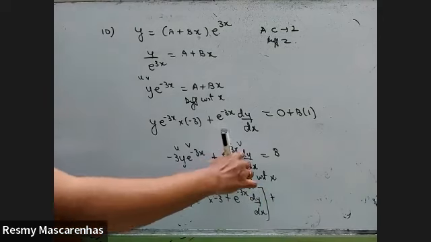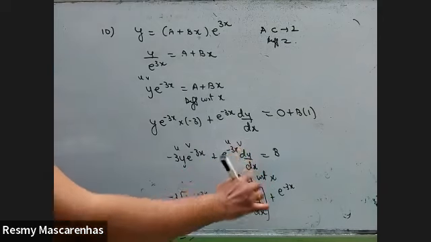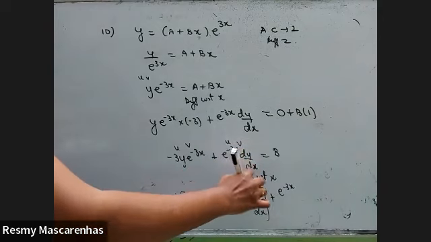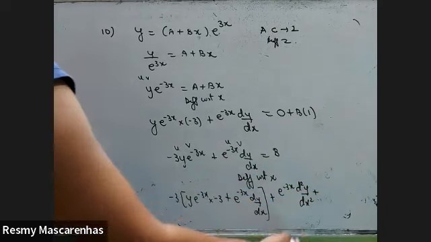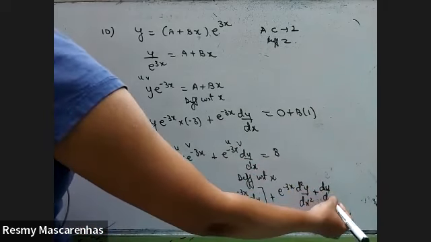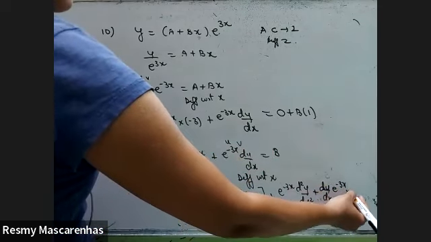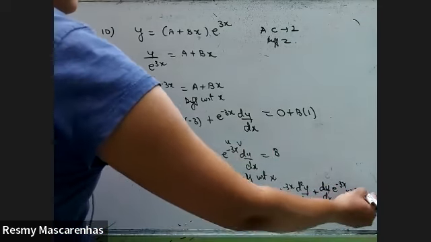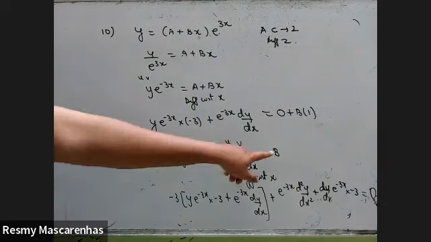Then again u into v rule here also. Now already there is dy by dx. Again derivative of this will become d square y upon dx square plus v into derivative of u now. Then derivative of b is 0 because it's a single constant.